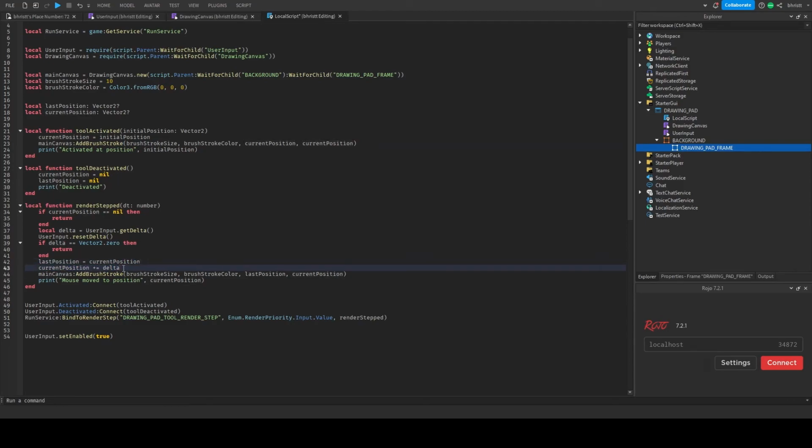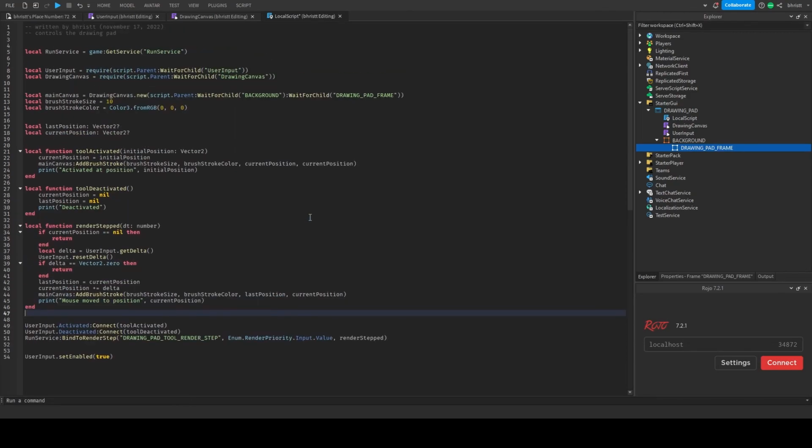And we do that by adding delta to this current position. So now we have the last position and the current position of the mouse. And we can add a brushstroke between the last position and the current position. And that's exactly what we do right here. So every time we move the mouse, it creates a brushstroke between the last position and current position. And we should see accurate brushstrokes on the screen now. So let's test this out.